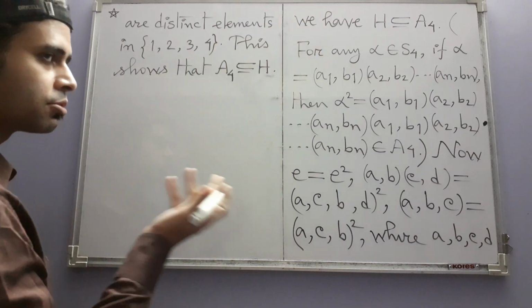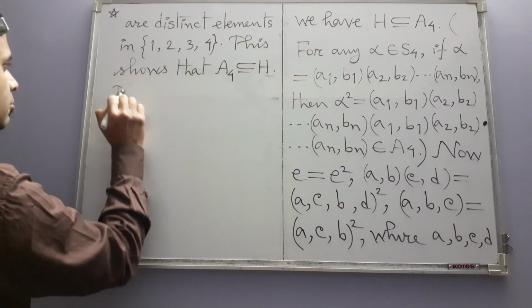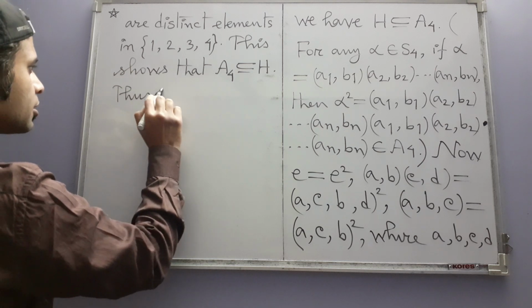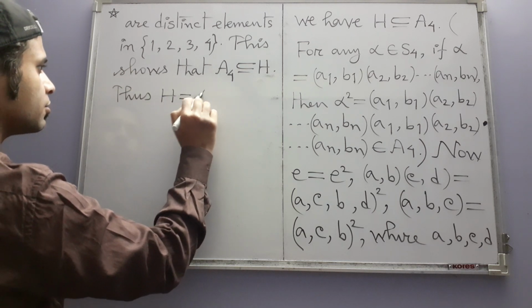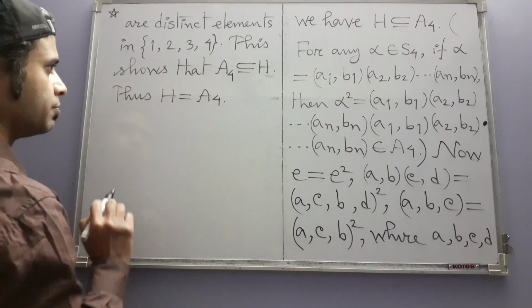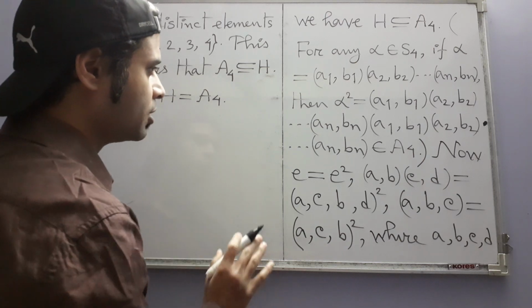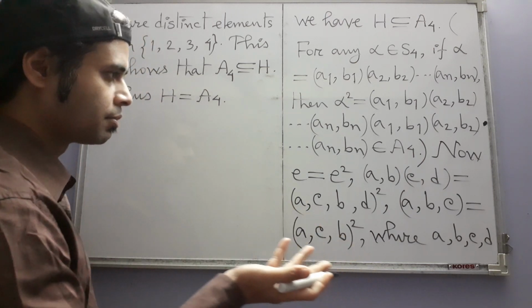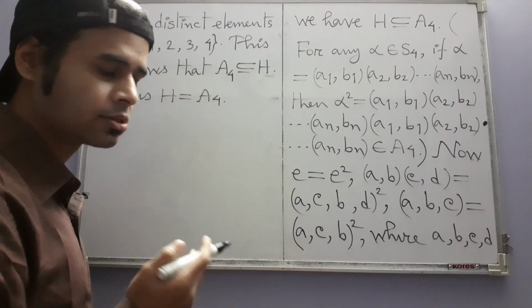So now you combine these two containments, thus H is equal to A4. And a similar argument will give you the other claim that K is equal to A5.